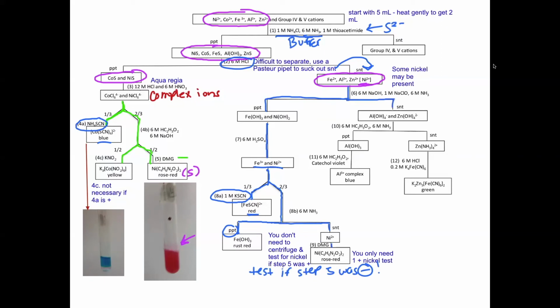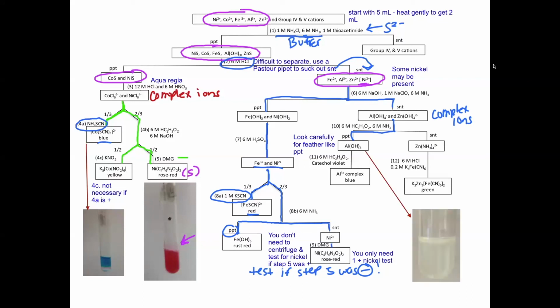Going back to the supernatant from step 6, we have some complex ions of aluminum with hydroxide ligands and zinc with hydroxide ligands. We can make that basic and get an aluminum hydroxide precipitate. We want to look very carefully. It looks gelatinous. It's kind of hard to see, so that is not for sure our positive test for aluminum.